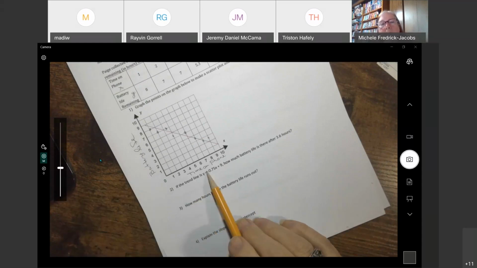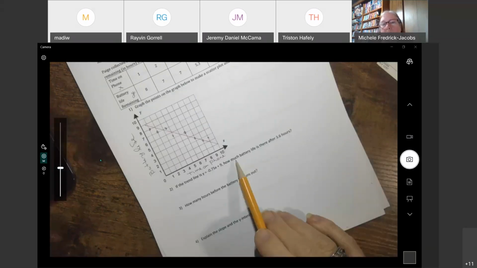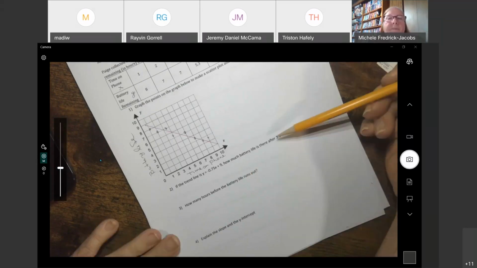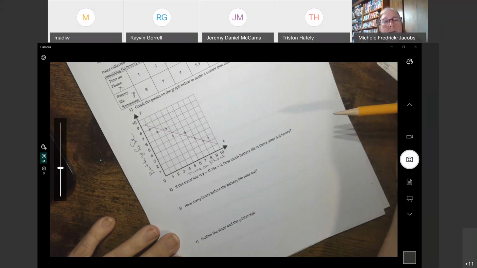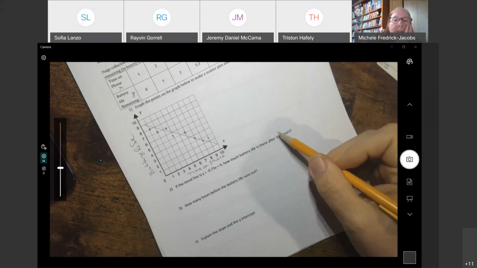Now, if the trend line is negative 0.75x plus 9, how much battery life is there after 3.6 hours? Well, we need to plug it in, right? What do we plug it in for, X or Y? X. Mm-hmm. Because this is how much time is spent on the phone.